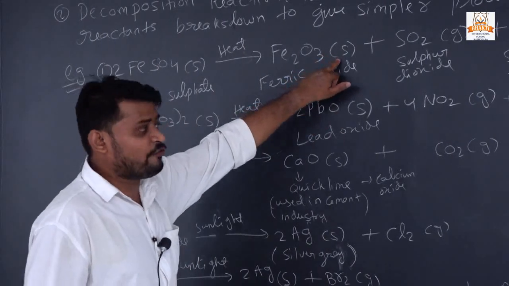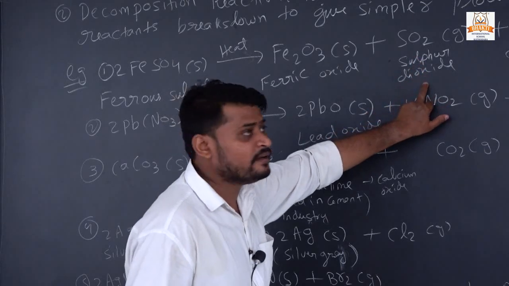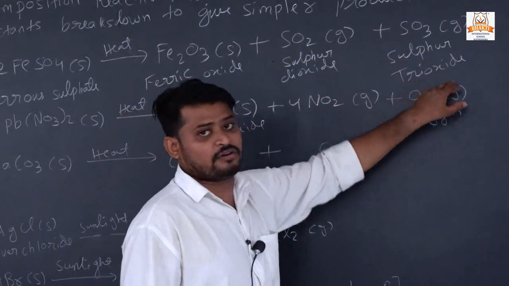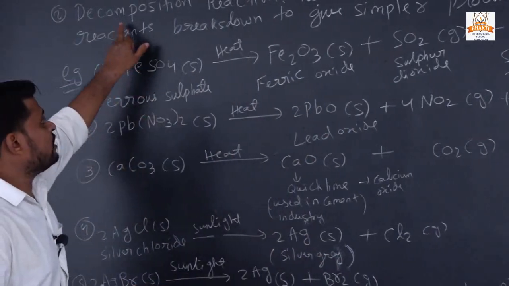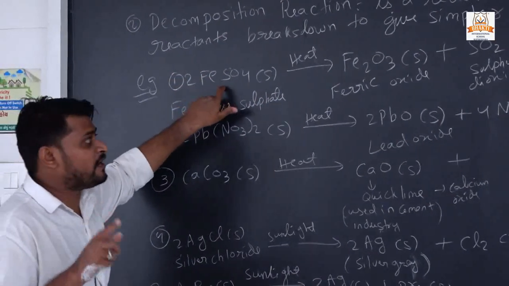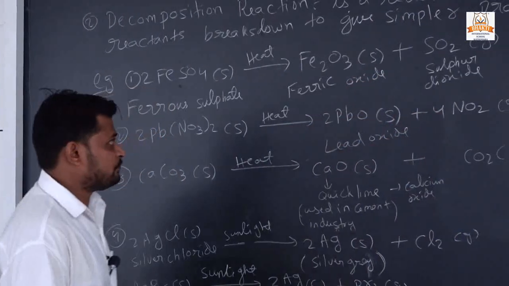It is in a solid form. The second product is SO2, sulfur dioxide, and the third product is SO3, sulfur trioxide. Understand? In a decomposition reaction, one reactant breaks down into simpler products.